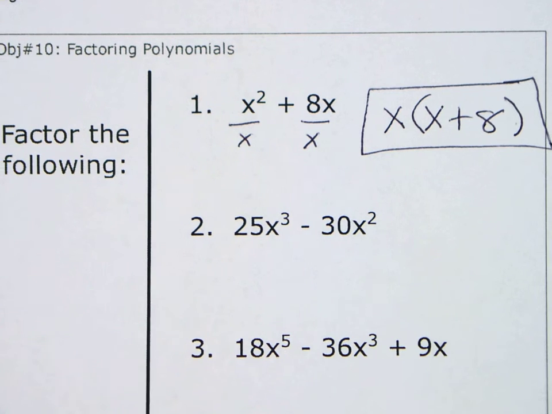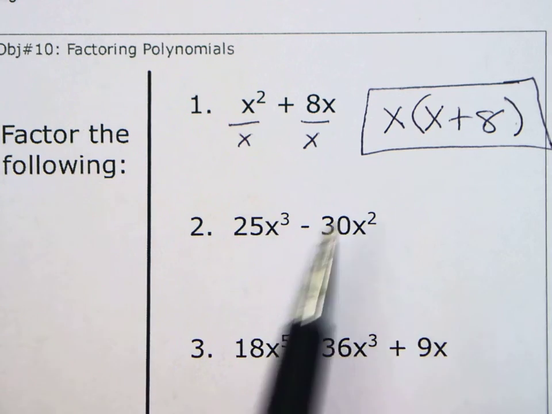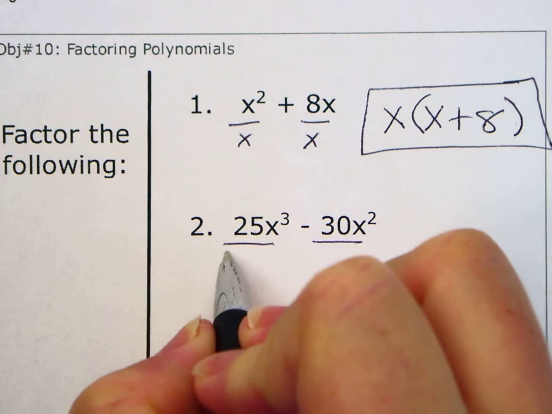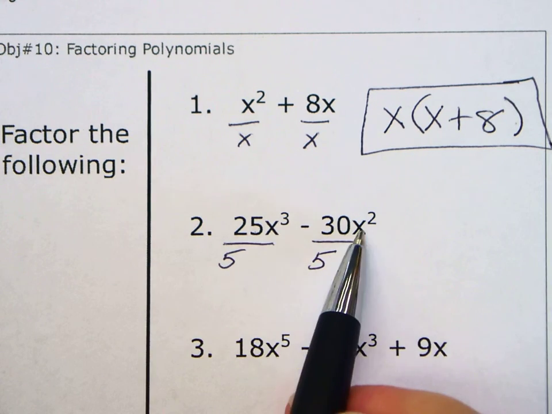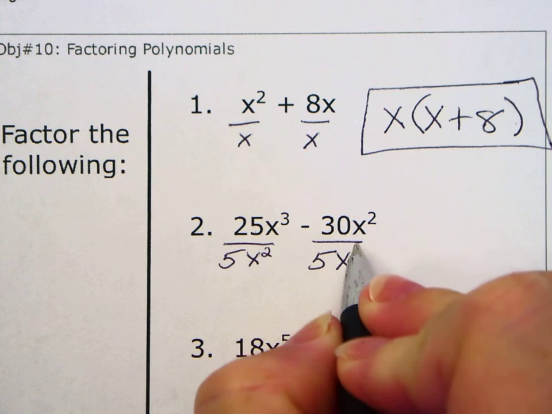That's number 1. Number 2, you need to figure out your GCF. What do you think the GCF of these are? What goes into 25 and 30? 5. So 5. And what's the GCF of x cubed and x squared? X squared. Remember, take the smaller exponent.